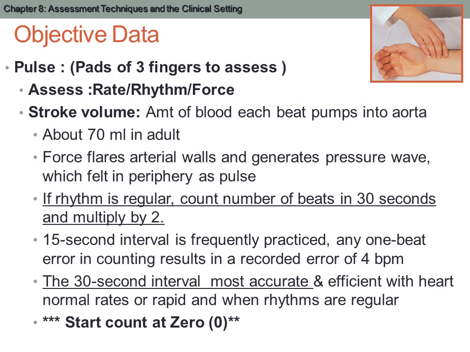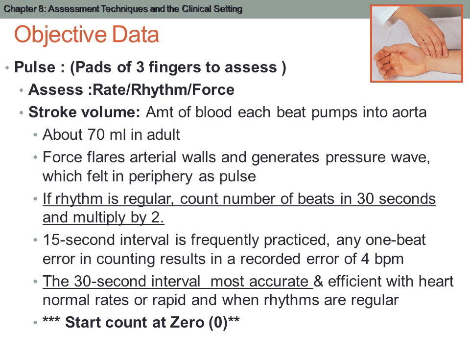So we look at the rate, which is the number that we're getting. We look at the rhythm, whether it's regular or irregular. And then we also look at the force. How strong is that beat that you're feeling? Normally we have about 70 milliliters of blood that we are pumping in the body.